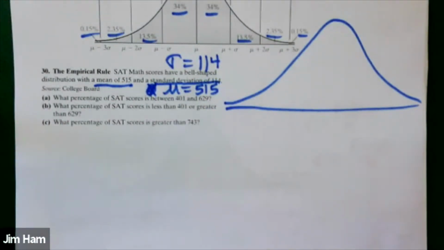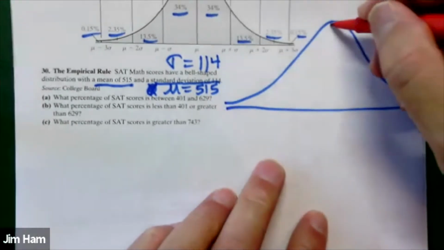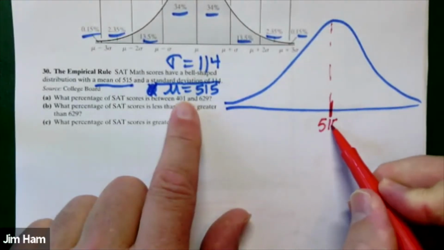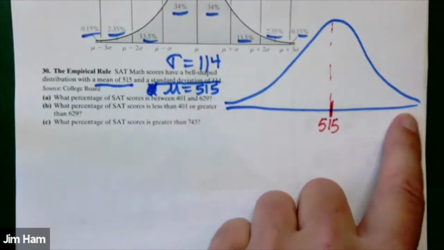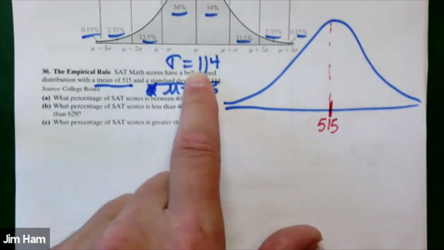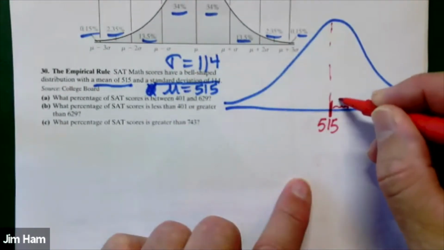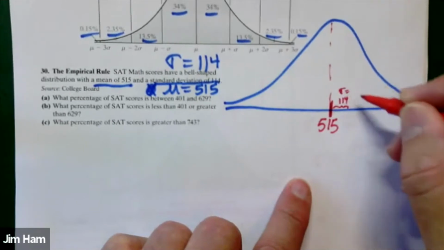So this is how you would then construct the horizontal scale. Right in the middle, right there, is the mean, 515. Now, the way that you number the horizontal scale is based on the standard deviation. So you're going to start adding the standard deviation.